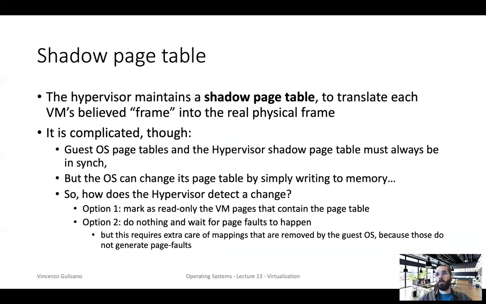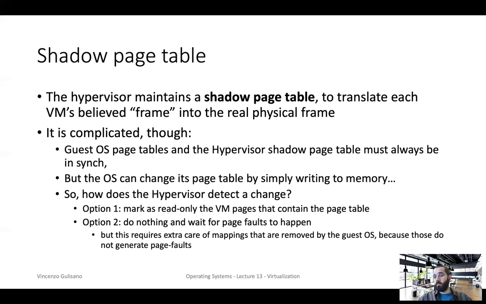It is nonetheless challenging to do this. The challenges are similar in spirit to the ones you have when you define virtual memory, but now again you have an extra layer, you have two layers at the same time that you need to take care of. You need to keep the page table at the guest operating system and the shadow page table at the hypervisor synchronized.